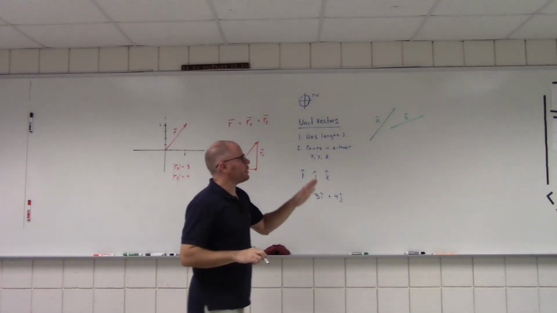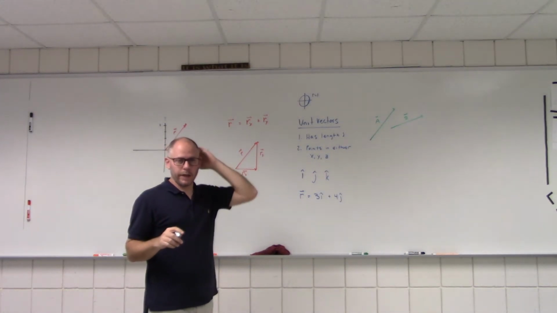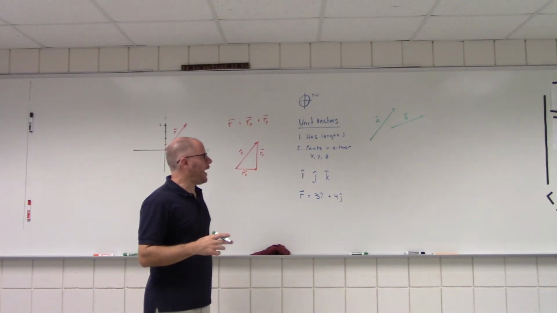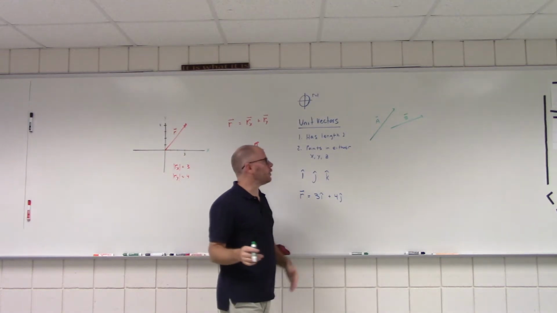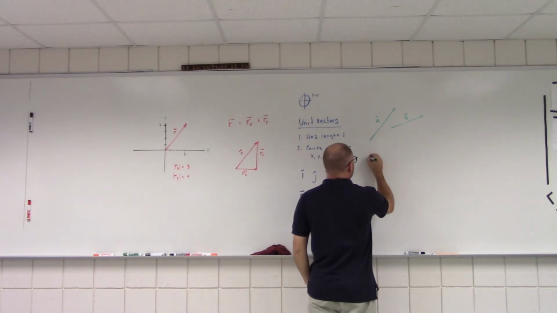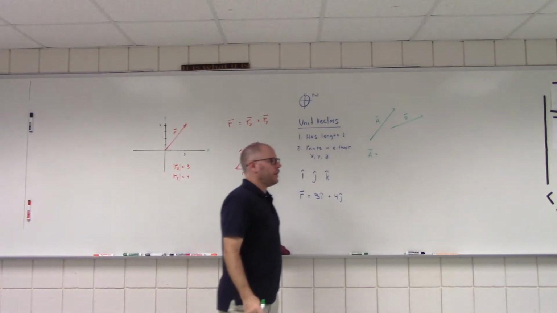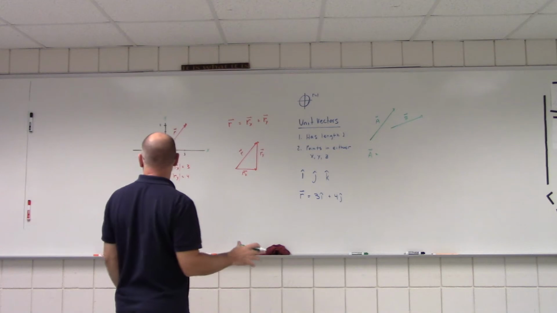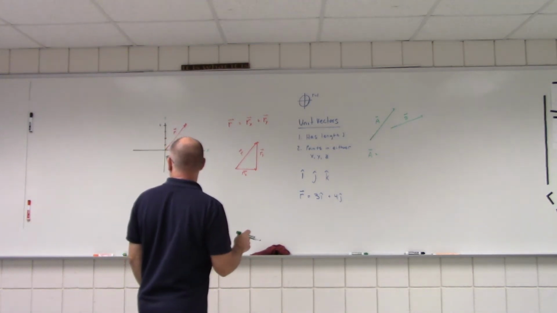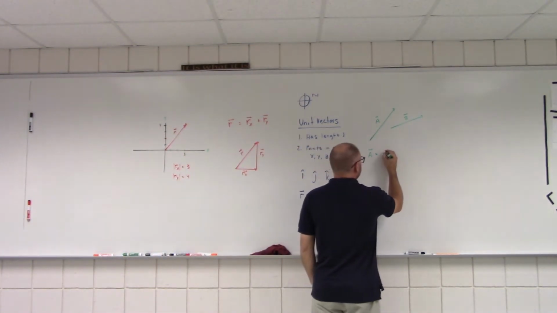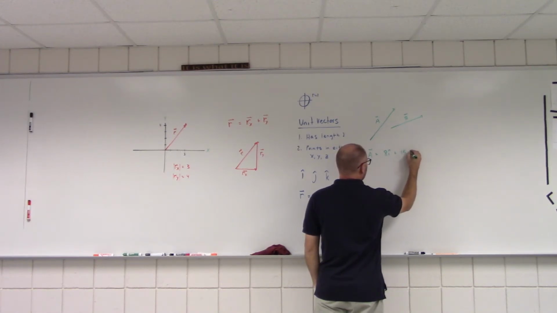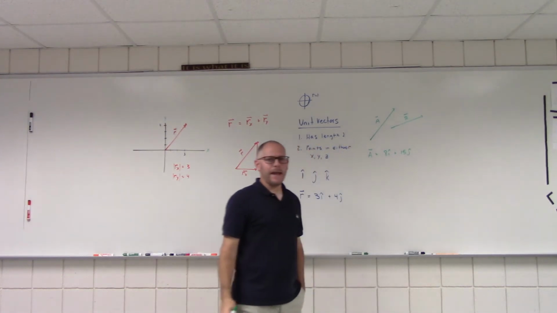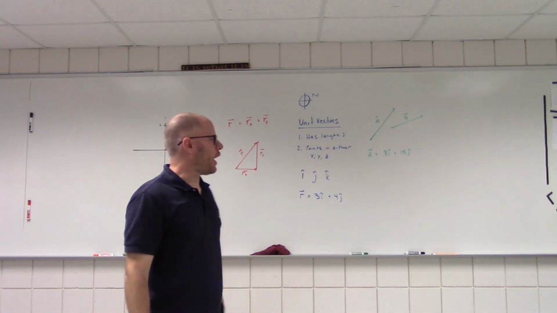Now, I could add those tip to tail and do it graphically, I could do it geometrically, but what if I had their equations in unit vector notation? That would be really cool. So the A vector, I'm checking my notes, hold on, is 8i plus 15j.